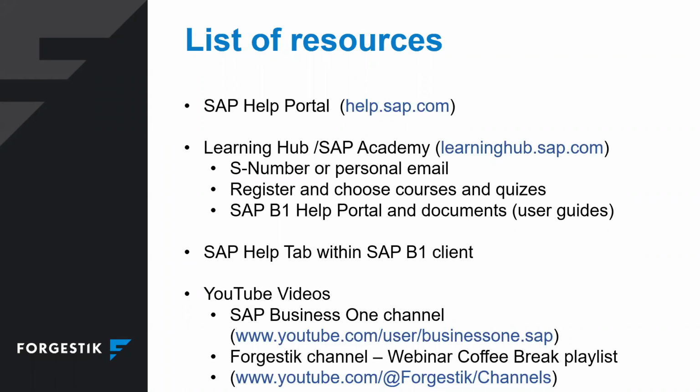We'll see how to access those links from your SAP Business One client as well. And we have the YouTube videos: the SAP channel, as well as our own Forgestik channel with very useful videos. Okay, so let's move to the first one.